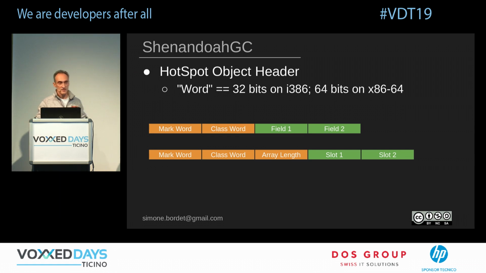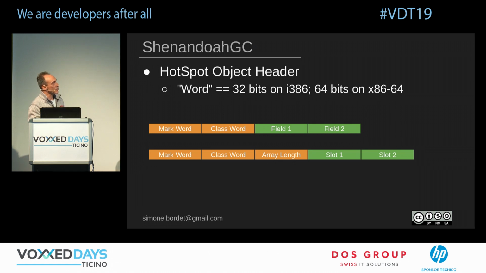Before we go into the details of how Shenandoah works, I need to do a refresher on the object header. This is how an object is laid out in memory by HotSpot. This is different for every JVM brand, but for HotSpot, it works in this way. There's a word, which means 32 bits on 32-bit architectures, or 64 bits on 64-bit architectures, okay? This one is a single word, and it's called the mark word.